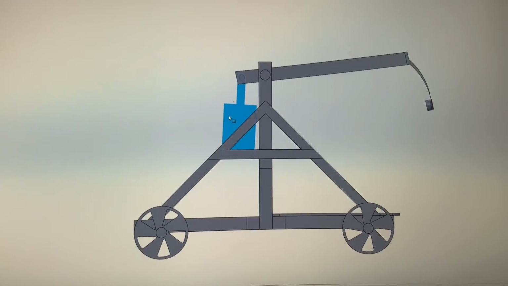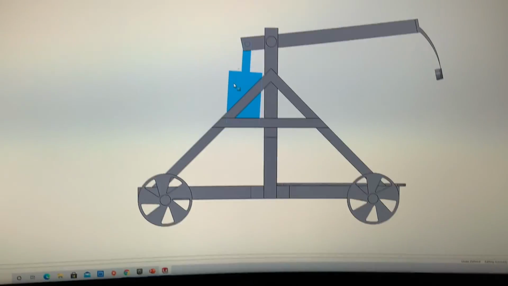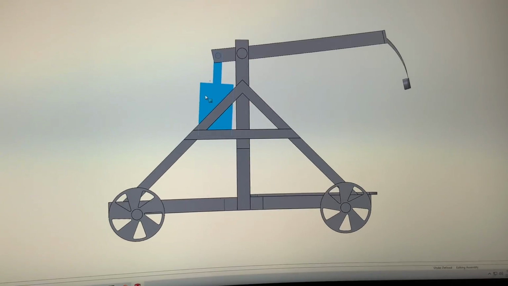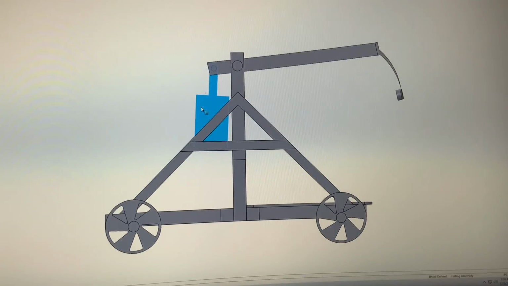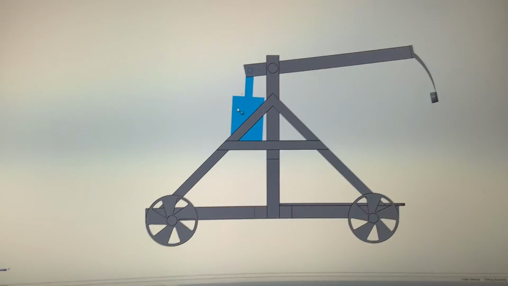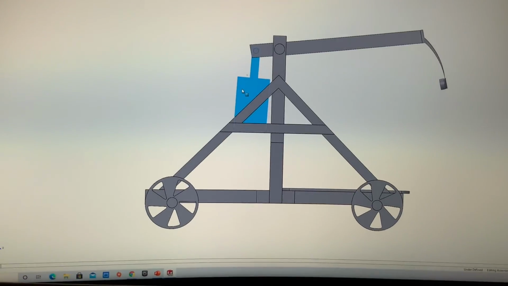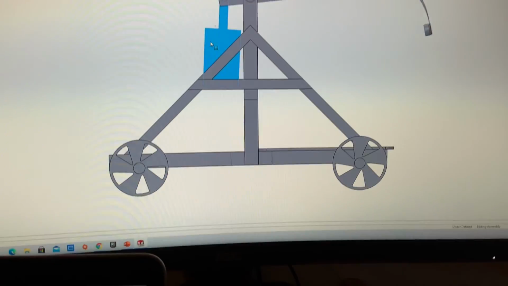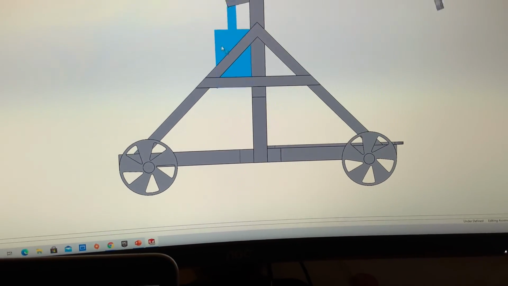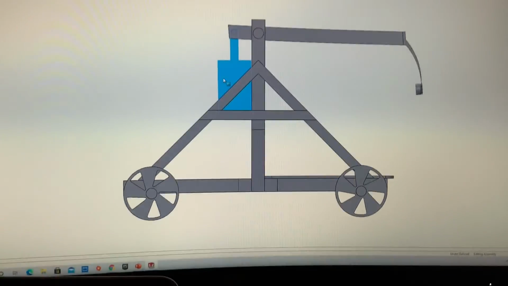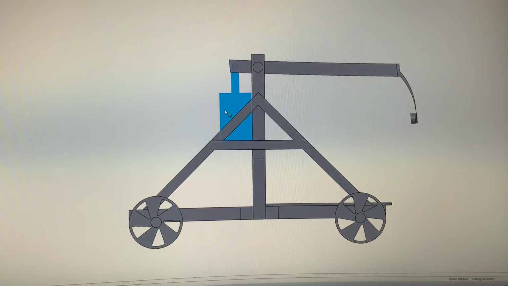So that will add lots of stress, and in the real world, because in our little systems we did not consider any friction, any air resistance, anything, it's very different. During this motion, there is energy being lost to friction and heat dispersion.